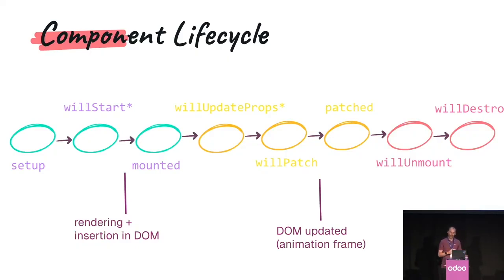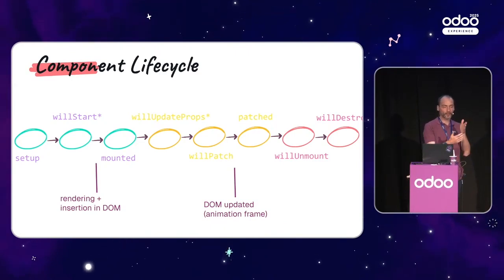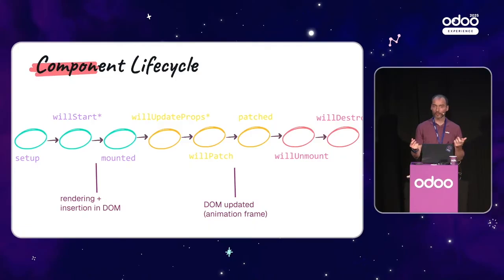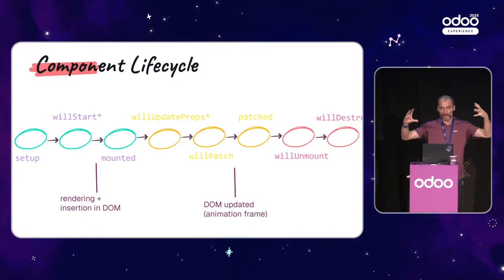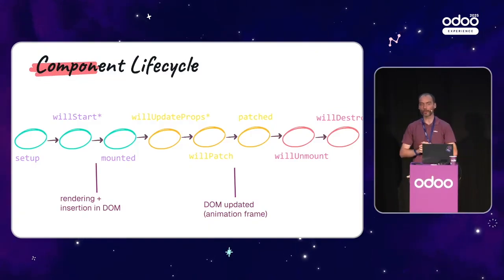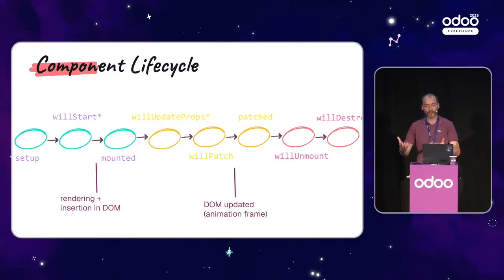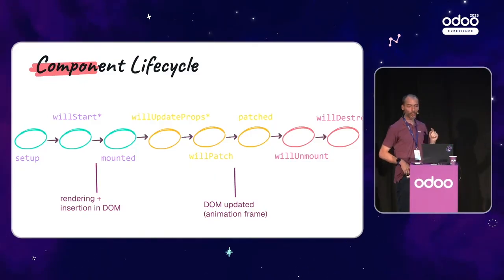But it is more complicated than that. We have a bunch of moments in the life cycle of a component in which we want to run user code. So basically, it's like a game where the framework has to interleave its own code and the code from the user, the developer that defined that component.